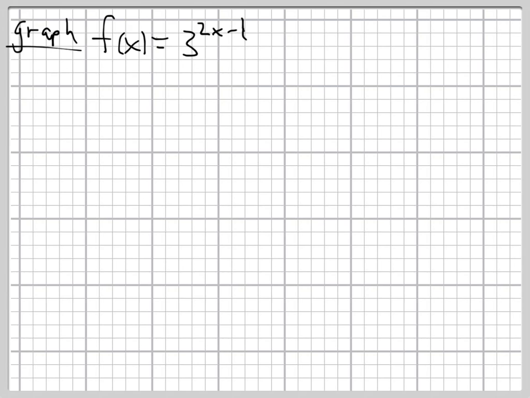Really, why'd you do that? Okay, so it's a good idea to probably start out with a t-table here as well. We could start plugging in values until we find happy numbers, but I'm just going to help you out here and tell you which values might be nice to try.